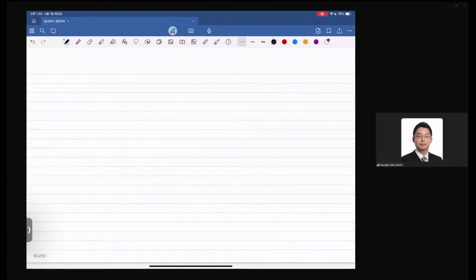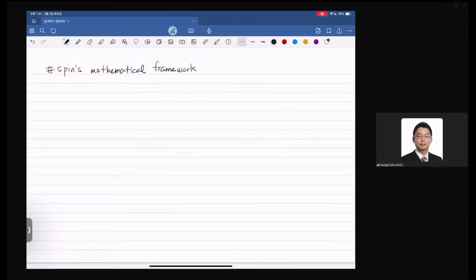Starting from here, let's work on spin's mathematical framework. Be careful: when we're talking about spin's mathematical framework, we don't think about any other degree of freedom.